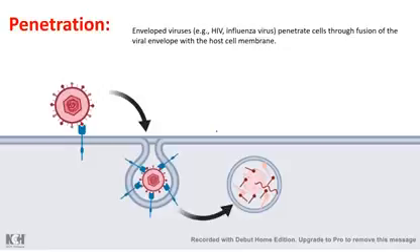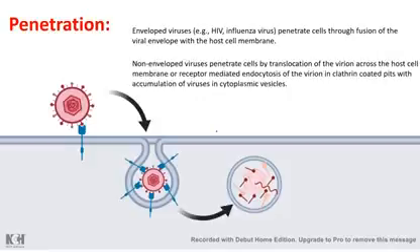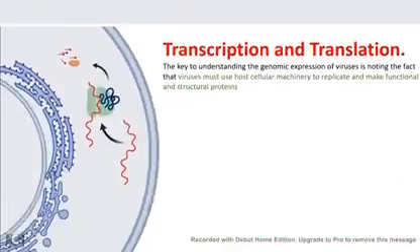Now, the enveloped viruses, such as HIV and influenza virus, have ease of access because they have an envelope and it quickly fuses with the membrane, and that allows the membrane entry very easily. Non-enveloped viruses have a little bit of difficulty, but they also get inside by receptor-mediated endocytosis.